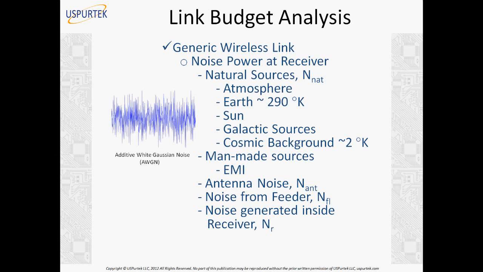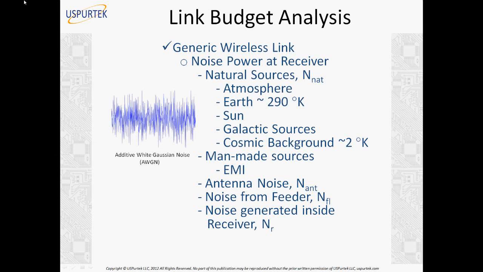Anything above 0 degrees Kelvin radiates radio energy, which manifests as RF noise, and we do see it in our receivers. If you hook up an oscilloscope, it will display like additive white Gaussian noise, AWGN, spread out equally over all frequency bands.